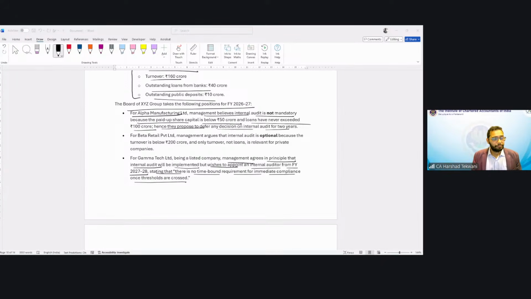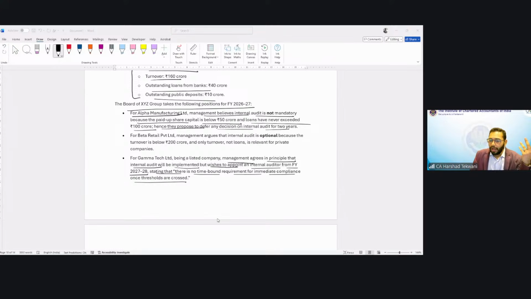Here the immediate means with effect from financial year 26-27, when it becomes a listed company. See, for unlisted, for private limited, you are checking previous year numbers because there are numbers involved. In case of listed, there is no number involved. So when I say every listed company, by default it is applicable the moment it becomes listed. But anyway, when you go to SEBI ICDR, over there you have different provisions with respect to internal audit.